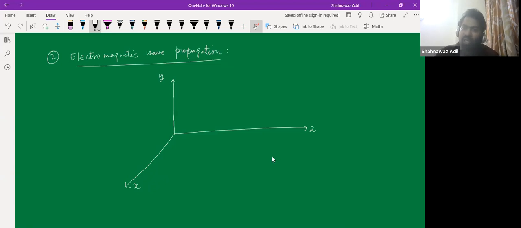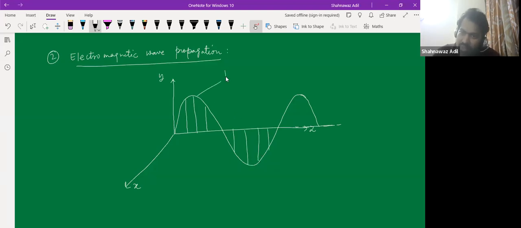And the waves are propagating, let's say, in Z direction. So we will have this magnetic field, and then we have this electric field as well.